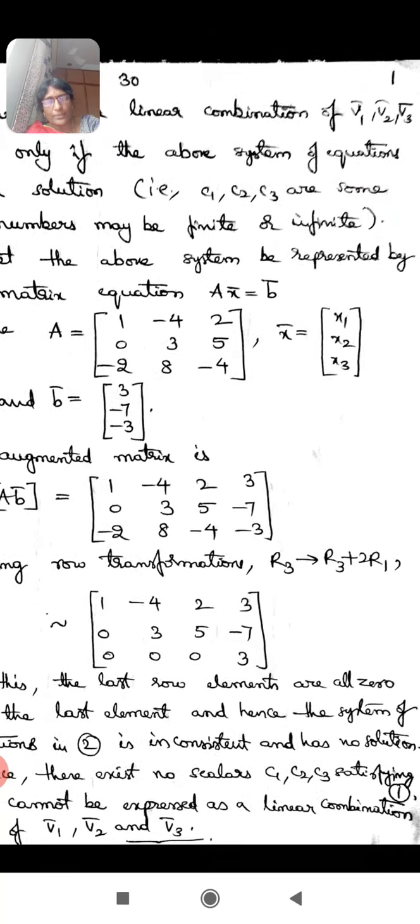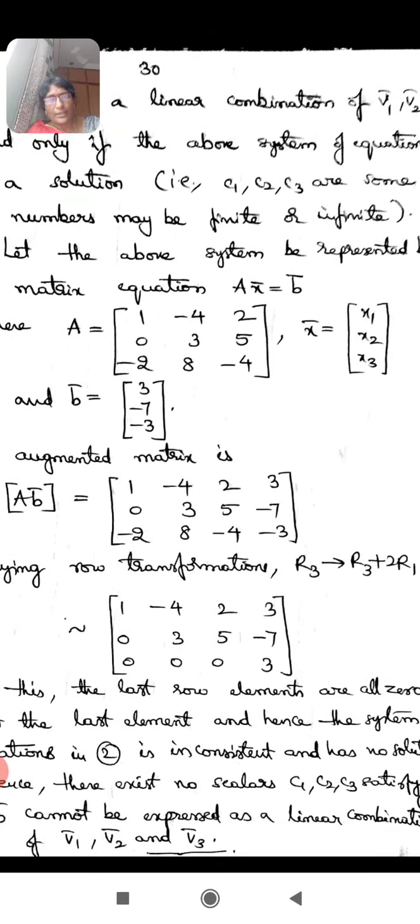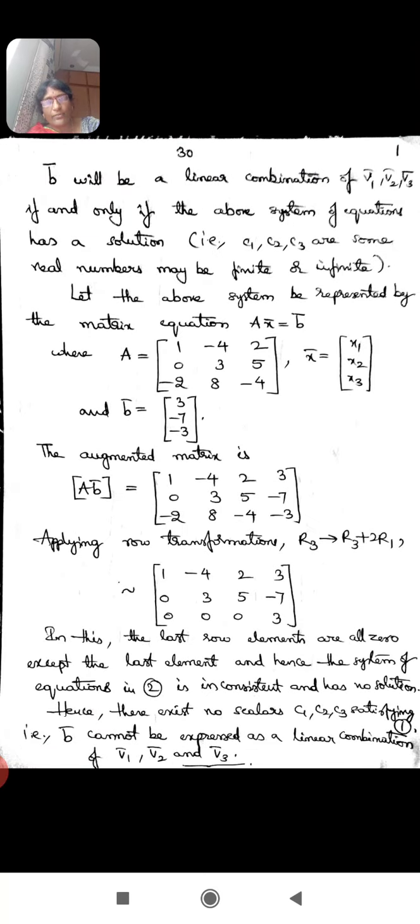Here we can observe that the last row of this transformed matrix consists of three zeros and a non-zero element at the end, which shows that the system of linear equations in equation 2 has no solution. In fact, it is inconsistent, and that is why it has no solution.